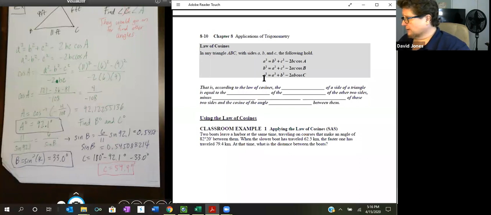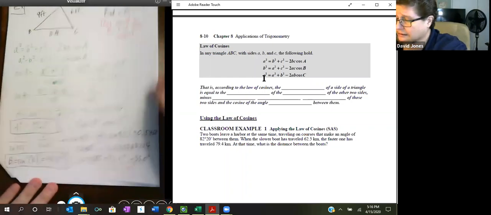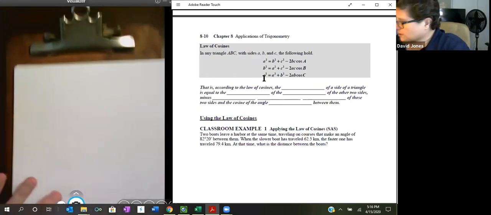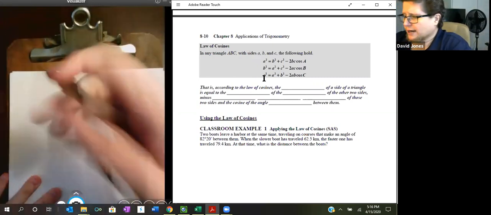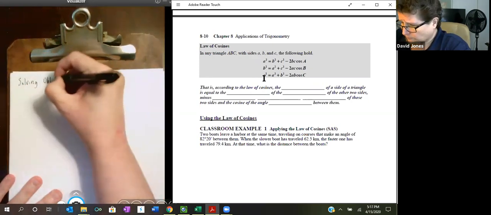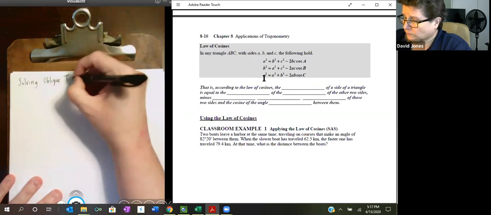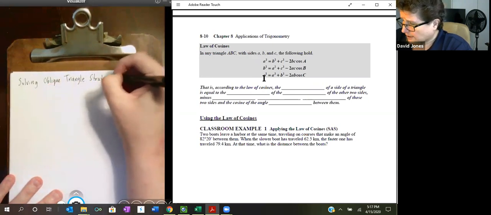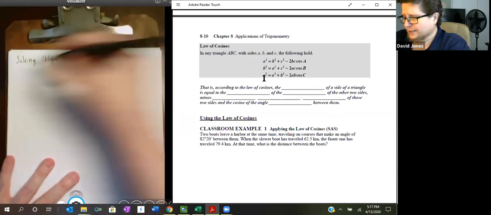So let's recap what we did in the last two sections. Solving oblique triangle strategies depended on what case we had.